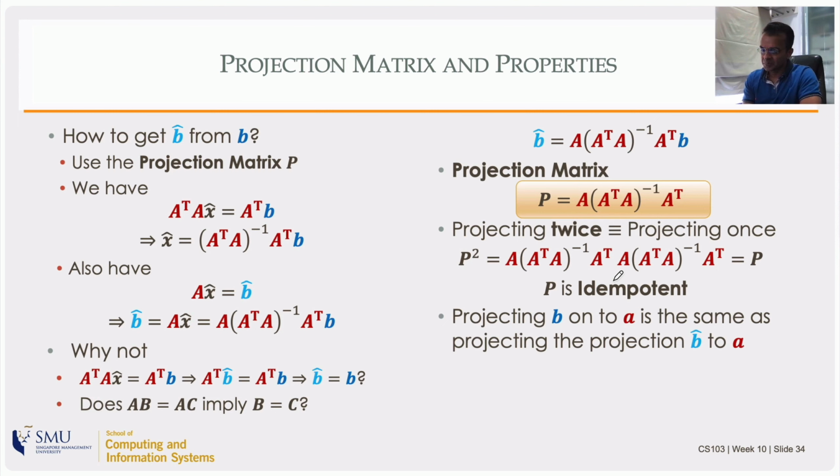The second one is more interesting. The projection matrix is symmetric also. The hint to the proof is here. If I consider A transpose B, this is going to be the same as A transpose B hat.